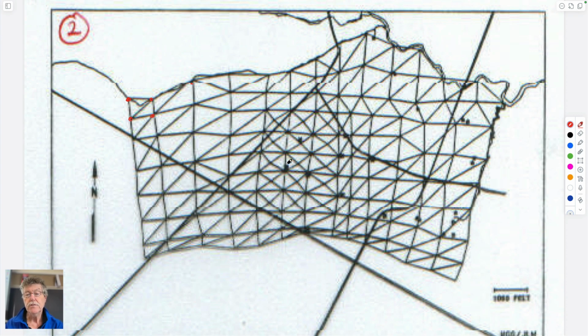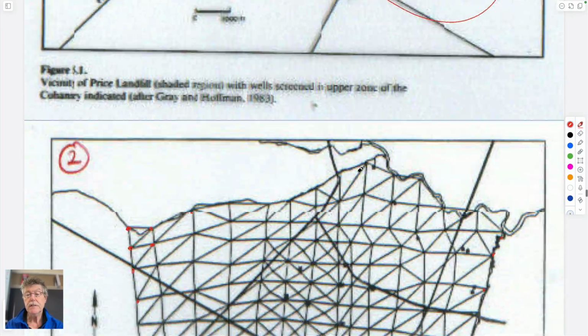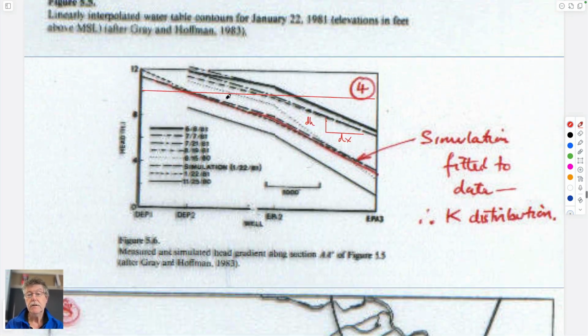And so what you do is you take the model, you put some boundary conditions on it by defining maybe the heads upstream, the heads downstream, and then trying to predict from the model with a given hydraulic conductivity or permeability what the distribution of head would be along this. So you have measurements of head. You can run the model to get predictions of head. When the measurements meet your predictions, then you think you might have a viable model.